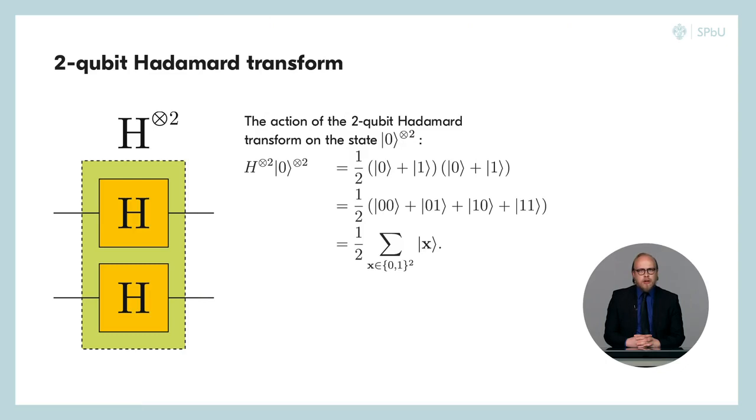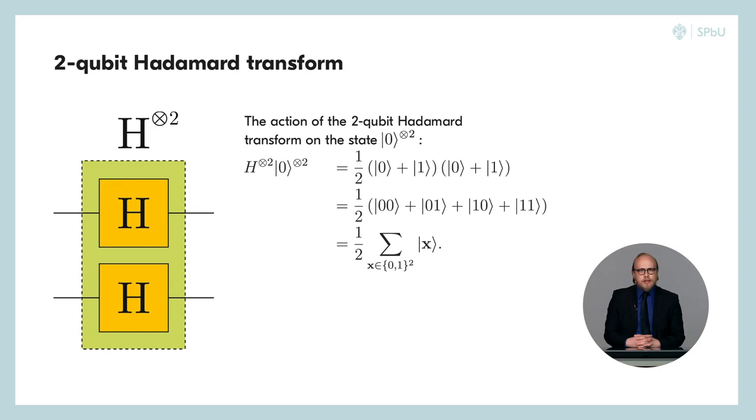However, before we go on to the switching circuit of the Deutsch-Jozsa algorithm, let's consider the action of the two-qubit Hadamard element, which consists of two ordinary Hadamard elements, each of which acts on its own qubit. For example, consider the case when two qubits in the state 0 are entered at the input of such an element.